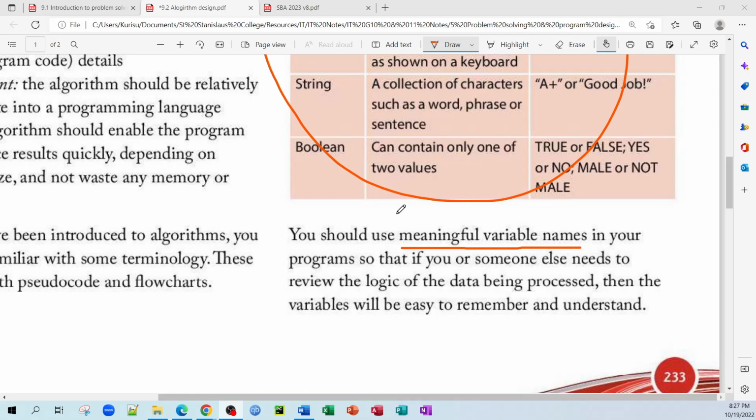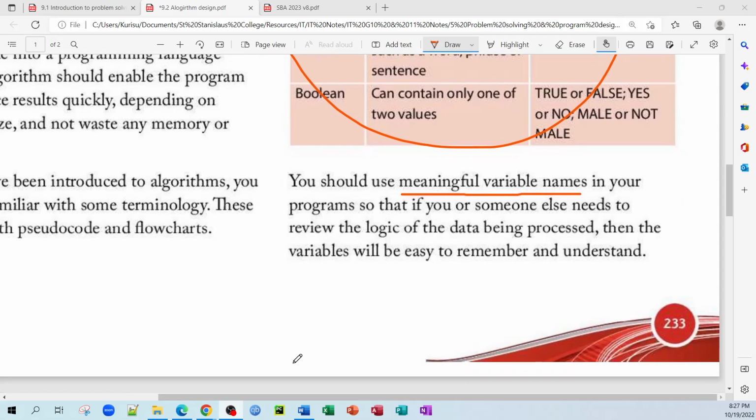So when you're looking at a variable name, you're supposed to understand what type of data is being stored. For example, in your database, if you can remember, you have a field. So whenever you hear the term variable, you can also think of a field in a database. It's kind of similar.